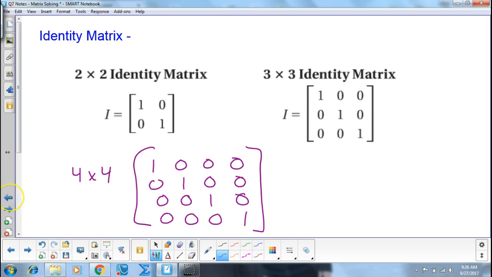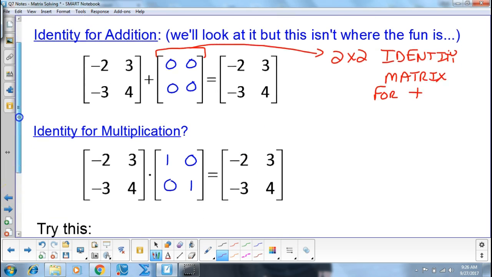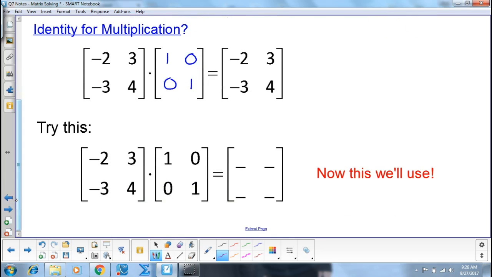Okay? So, now, let's go back and let's try this because we're going to actually use this. We're going to use this identity concept here today. So let's do that matrix multiplication. So, I'm going to take the first row times the first column.